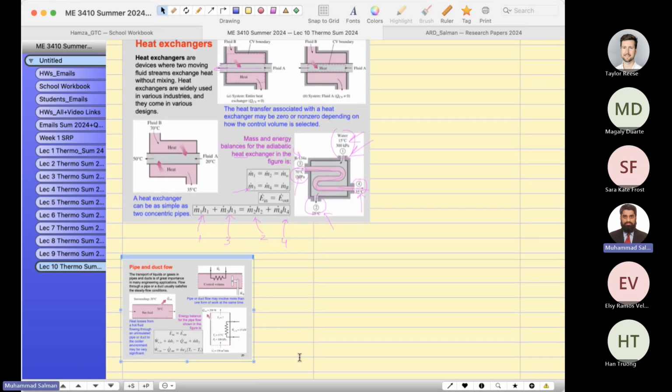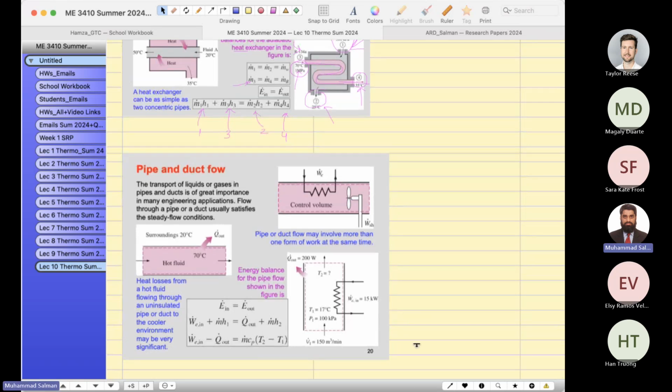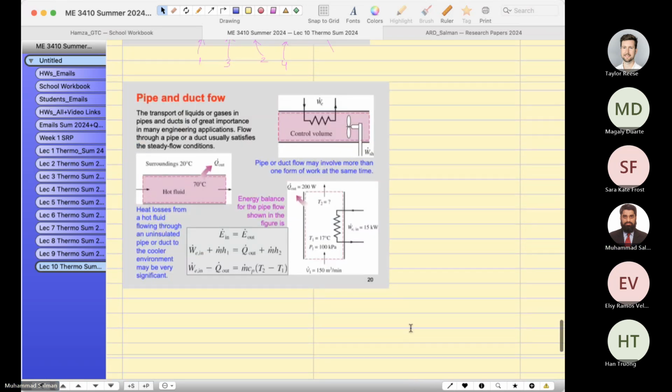Okay, let's apply another application, the pipe and duct flow. Like if we have a big duct flow, our house is having some ducting, and we have some furnace. You see the ducting system. By the way, my air handler is in the attic. So what happens?